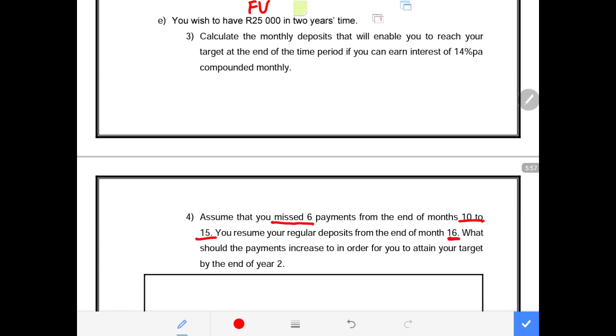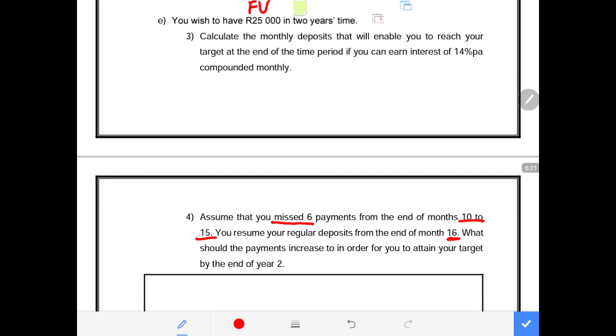So you resume, you don't stop whenever there are emergencies no more, because the money must have gone to something that was emergent in the family or in your life. Then you decided, because of this emergency, let me sort this out for these 6 months, then after that I will resume on the 16th month.